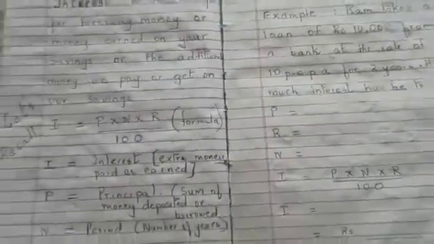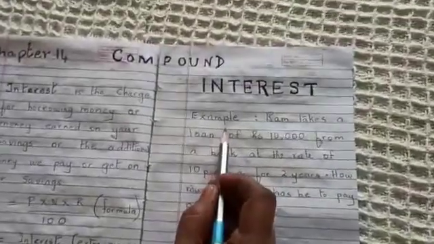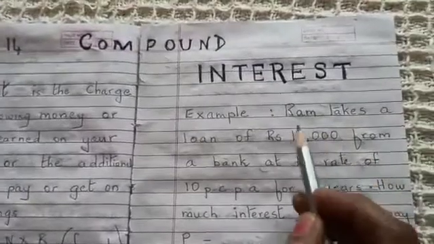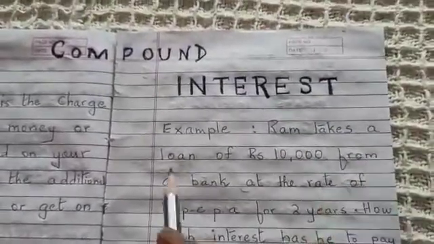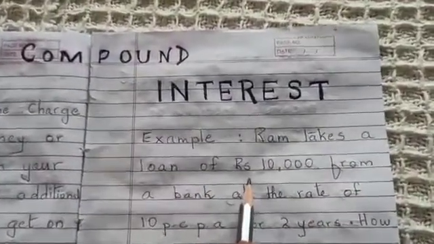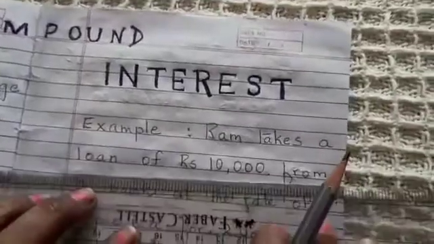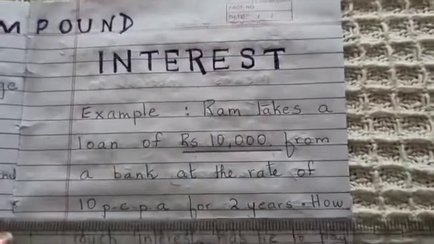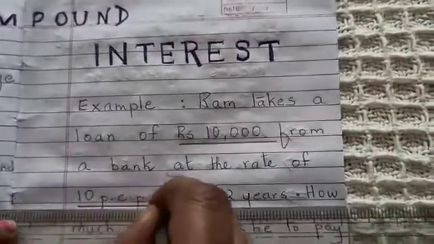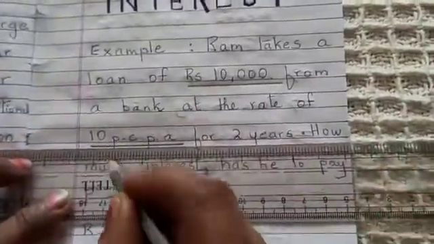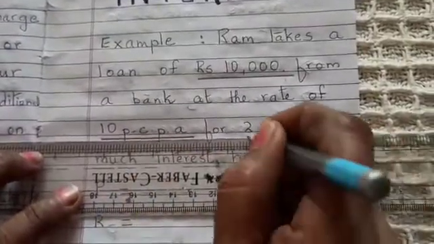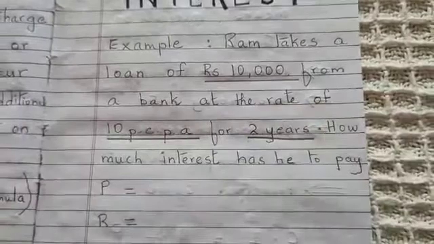We will just solve an example. It reads, Ram takes a loan of rupees 10,000 from a bank at the rate of 10% per annum. PCPA means percent per annum for 2 years.